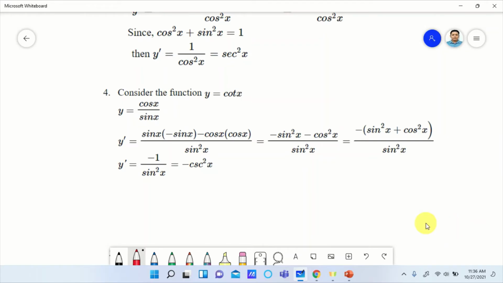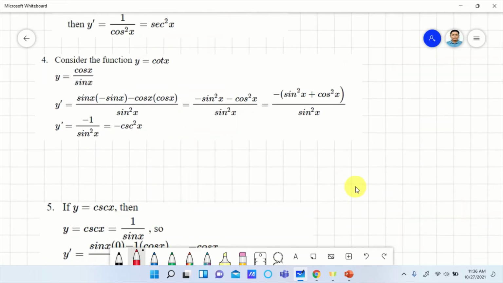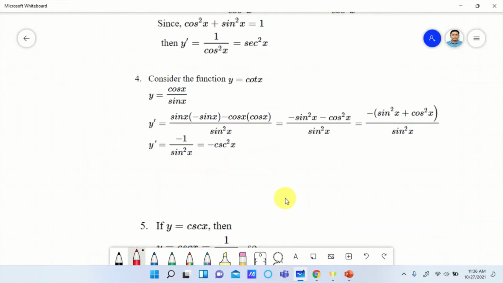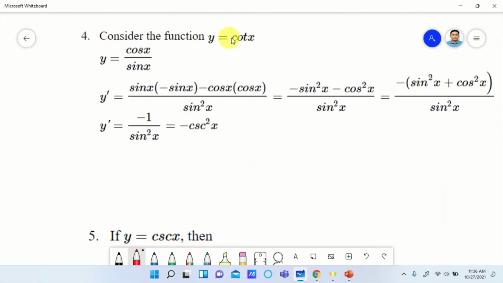So you'll have negative 1 all over sine squared x. Therefore, the derivative of the function y equals cotangent x is negative cosecant squared x.